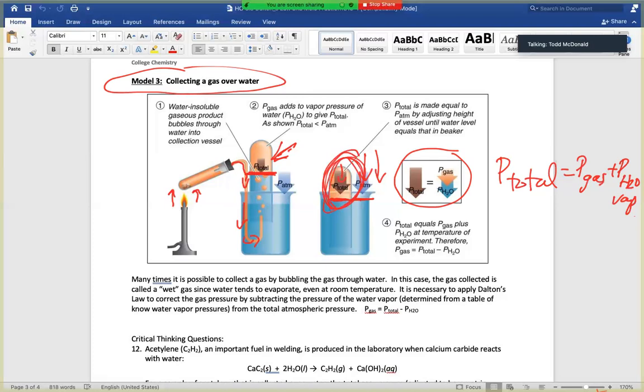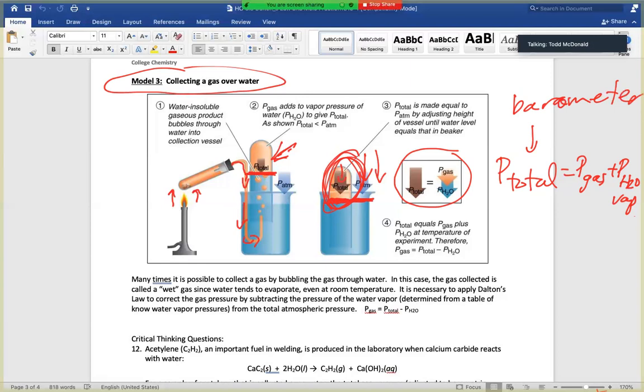So how do we find the pressure of just the gas? Well, as long as the water levels inside and outside are exactly the same, we can take a pressure reading from a barometer, and that is our total pressure.